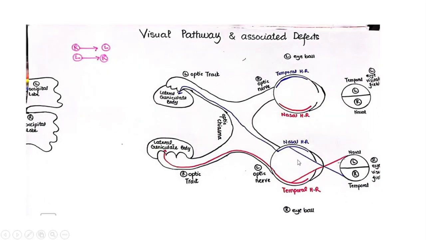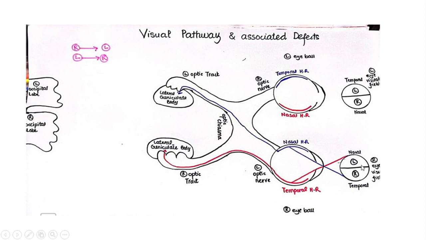Then what next? Here the other light rays are coming from the right part of the right eye visual field. What was the rule? Anything coming from the right has to go to the left.